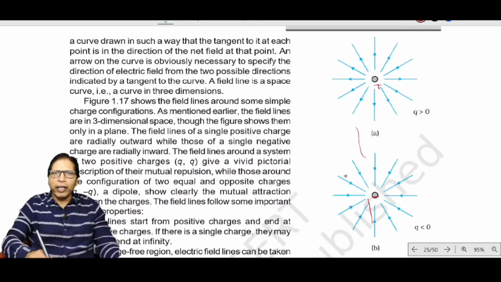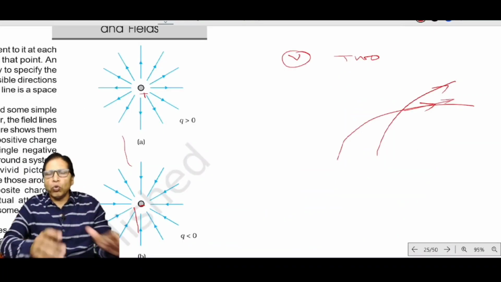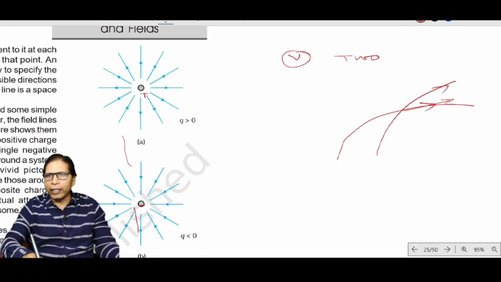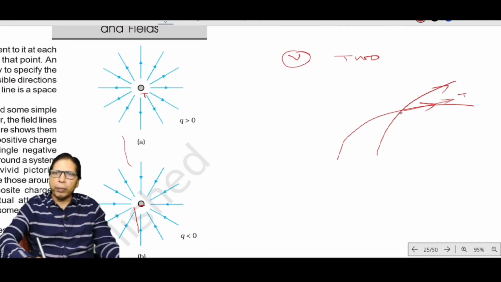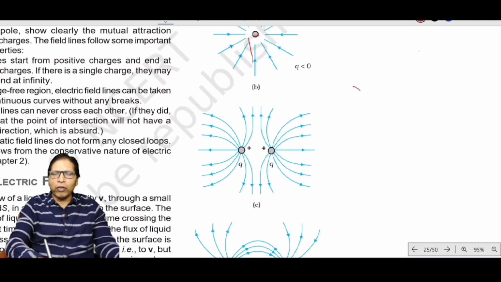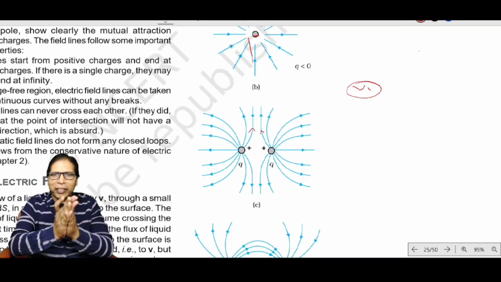Now next. Two lines of force never intersect each other. If they intersect, at the point of intersection two tangents can be drawn, which represent two directions of an electric field. This is impossible. Now number 6. Lines of force exert lateral pressure.